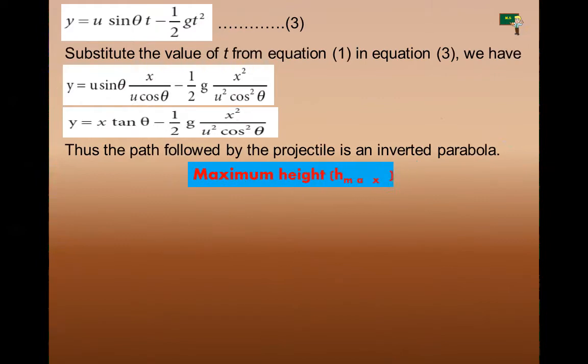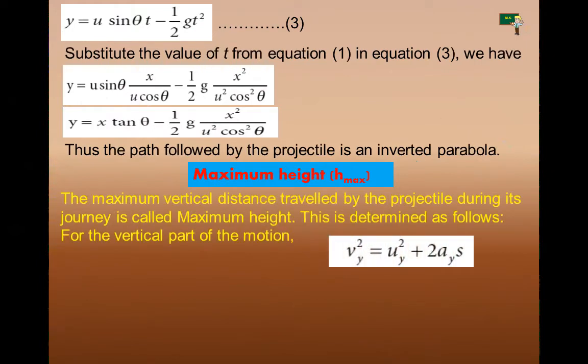Let's see what the maximum height, denoted as h max, is. The maximum vertical distance travelled by the projectile or a ball during its journey is called the maximum height.